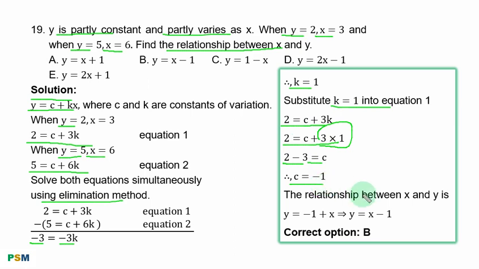The relationship between s and y is you come here and replace c and k with their values. You have it in this form, which can be written as y equal to s minus 1. The correct option is B.